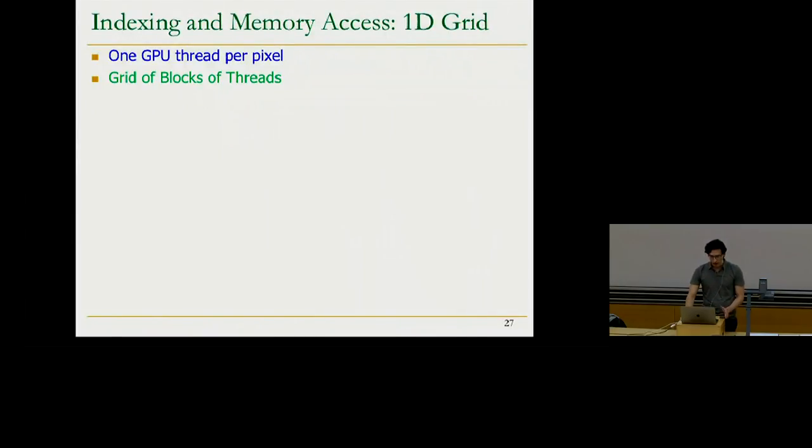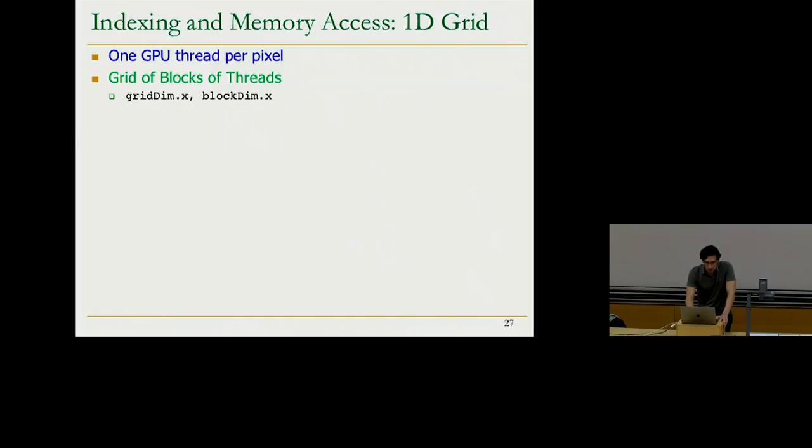Remember our grid of blocks of threads, and these are the CUDA built-in variables that we use in our programs to identify or define the dimension of the grid. Observe that we talk here about a one-dimensional grid. So all our threads are arranged in a one-dimensional organization. And this grid is one-dimensional, so gridDim represents the total number of blocks in this one-dimensional grid.